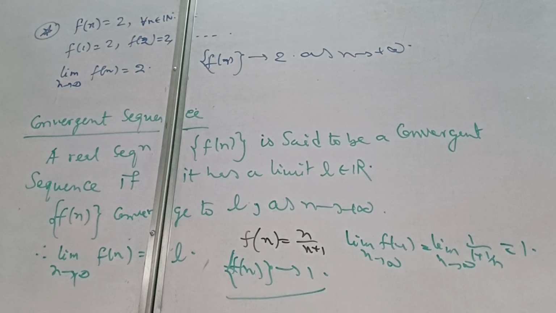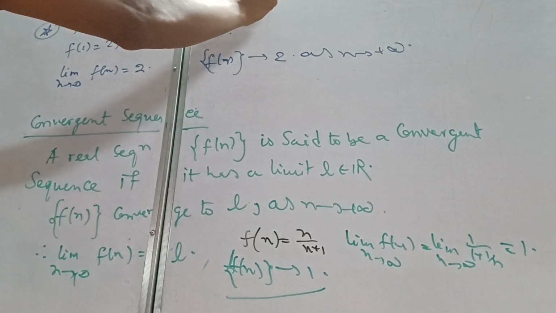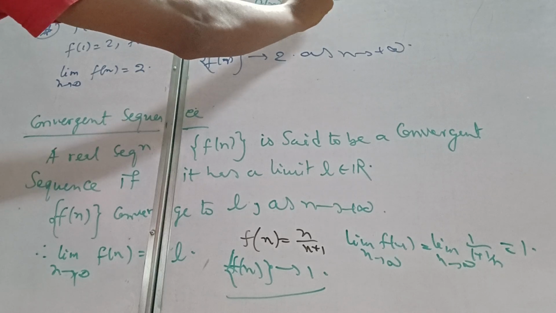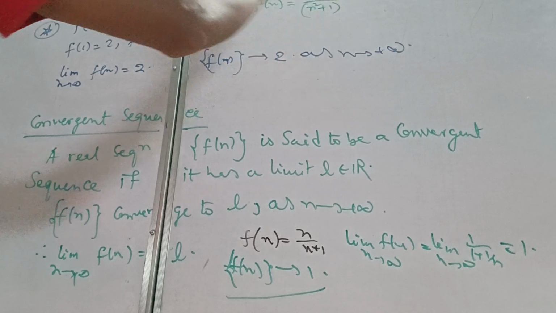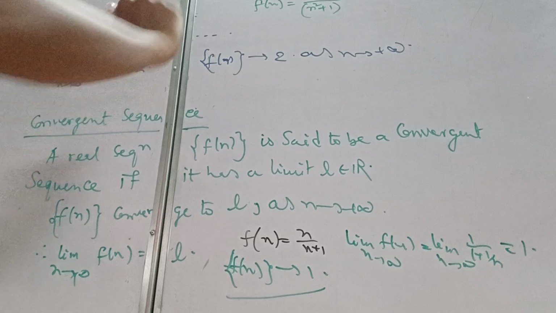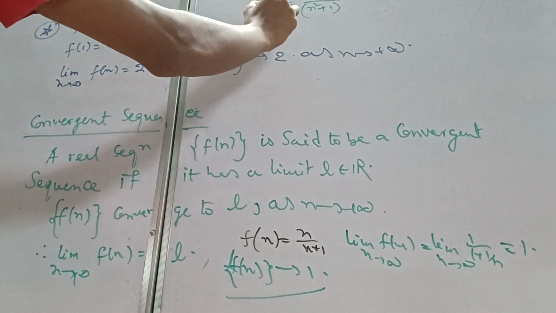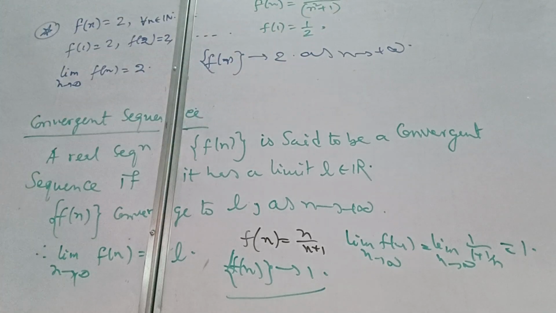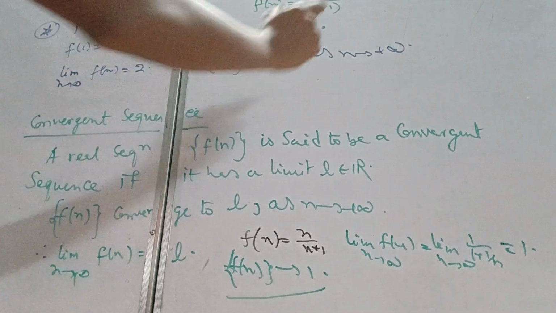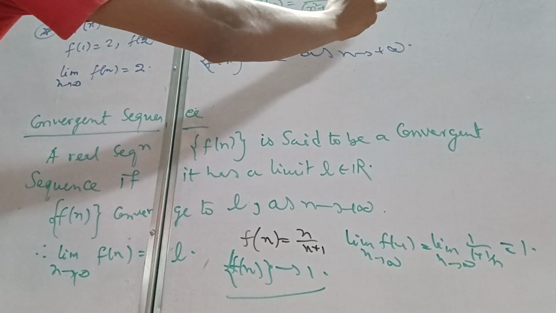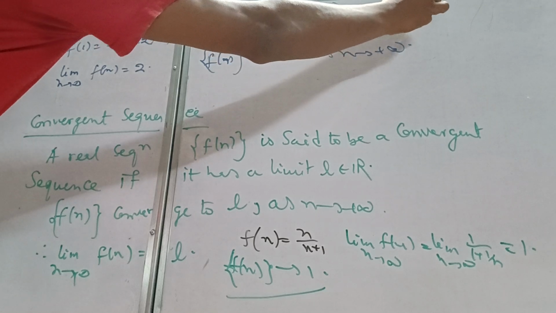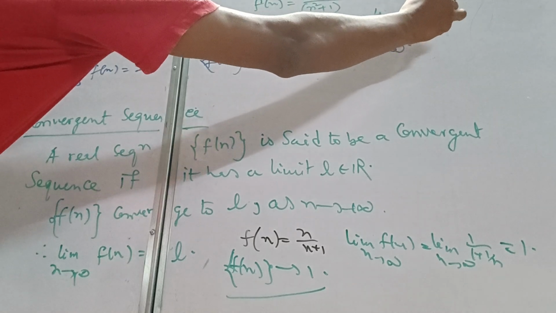Now we write another example. Here f(n) equal to n square divided by n square plus 1. Then f(1) equal to 1 by 1 square plus 1, equal to 1/2, f(2) equal to 4/5, f(3) equal to 9/10.